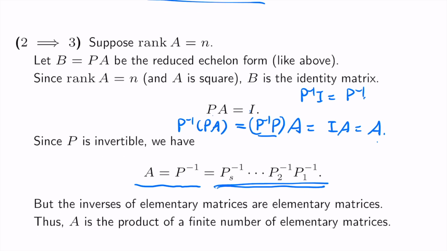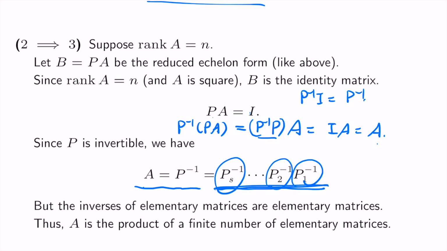But we have proved in the first theorem that the inverse of an elementary matrix is again an elementary matrix. So each of these inverses is an elementary matrix. Therefore, A is expressed as a product of elementary matrices, which was what we wanted to prove, and we are done proving this statement.